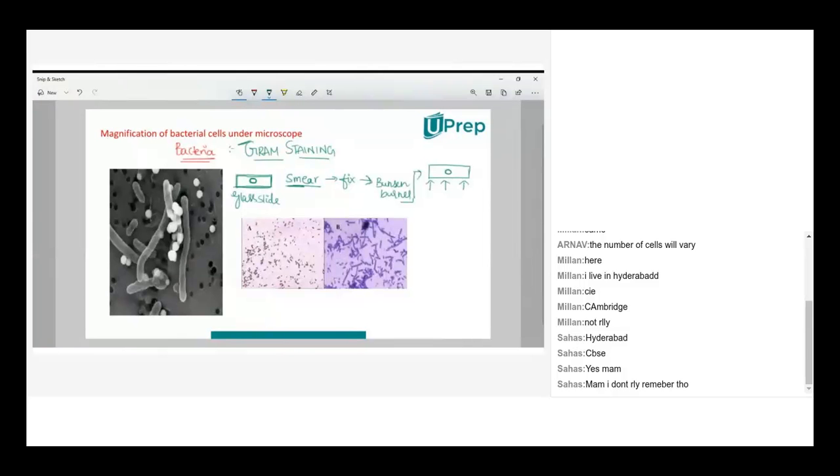First add few drops of crystal violet onto this and wash under tap water. Then add iodine solution. Few drops of iodine solution on this. Flush under tap water. Then add alcohol, the ethyl alcohol or acetone also, to this slide and wash off. And at last add safranin.